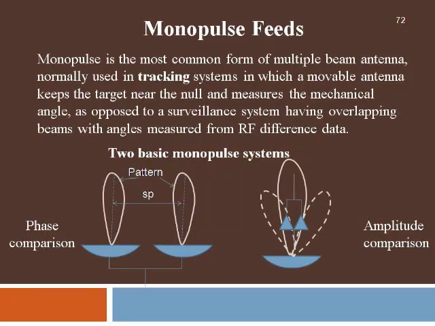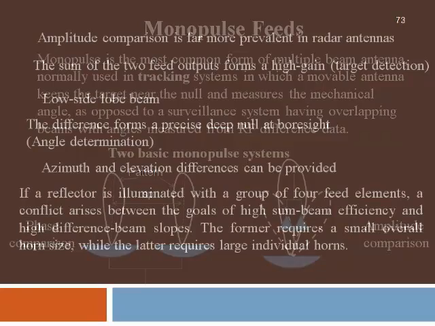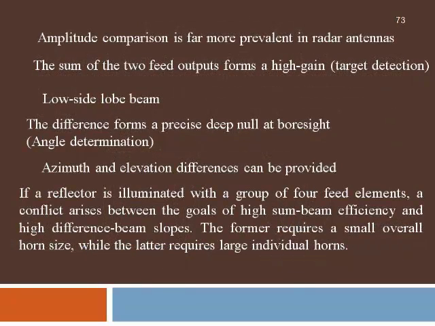Whereas in the amplitude comparison, one single antenna is going to produce sum pattern as well as difference patterns, and from the difference patterns we are going to get the angle coordinates, and from the sum pattern we extract the range information. So amplitude comparison is far more prevalent in radar antennas.